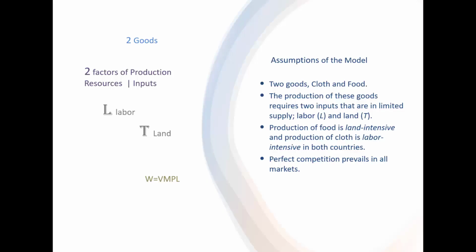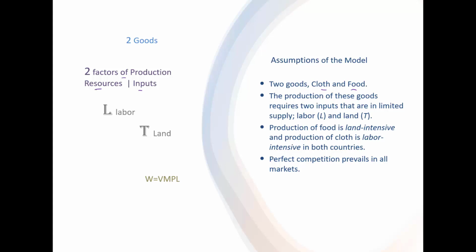Right? So let's now set up this model, and we are assuming that there are two goods, cloth and food. Two goods are being produced, cloth and food, using two resources or inputs or factors of production.